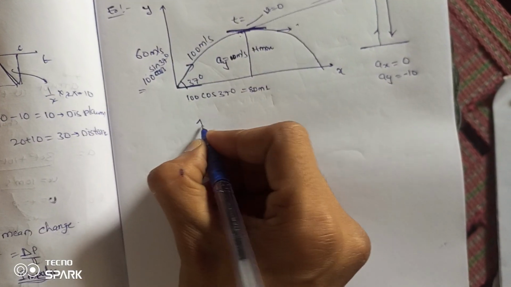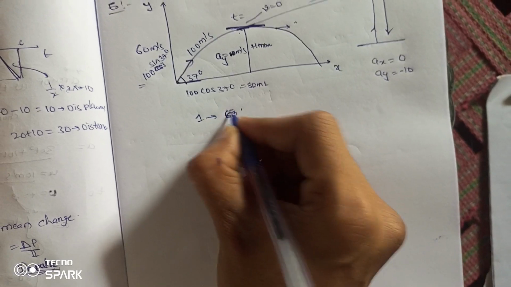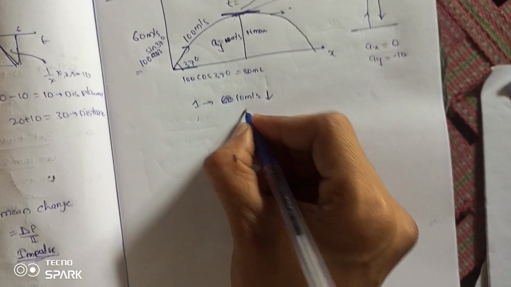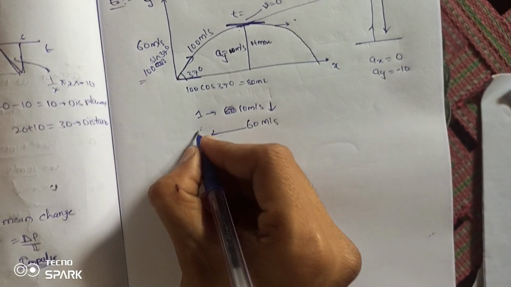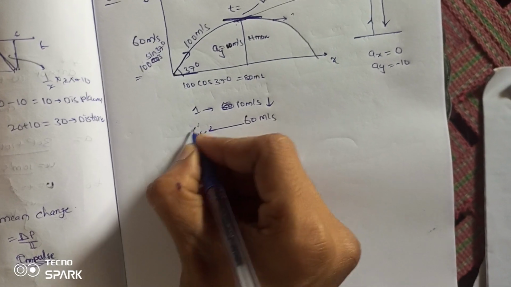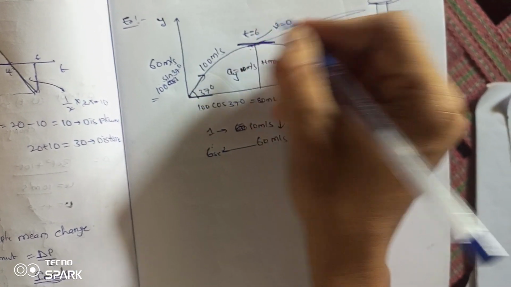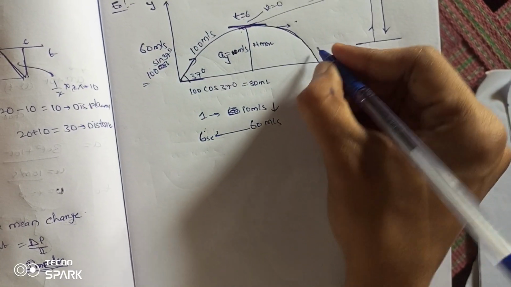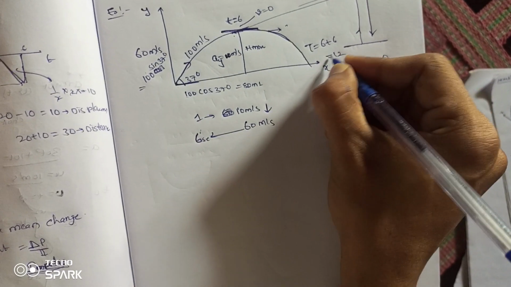So in 1 second, if 10 meters per second decreases, then 60 meters per second takes how much time? 6 seconds of decrease, so time t is equal to 6 seconds, and again 6 seconds. Total time is 6 plus 6, 12 seconds.